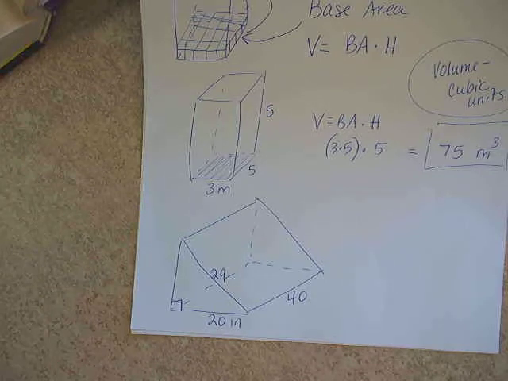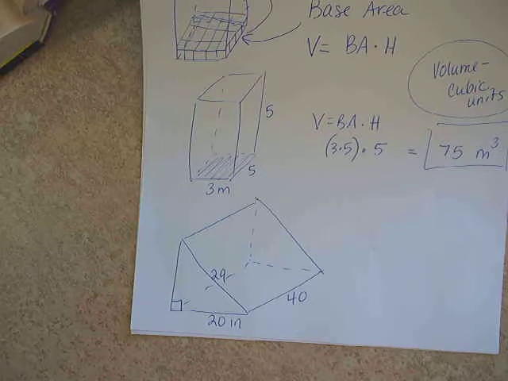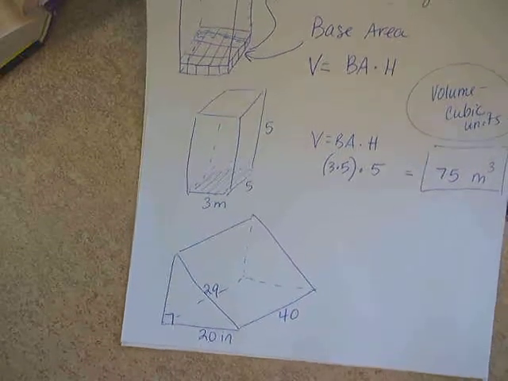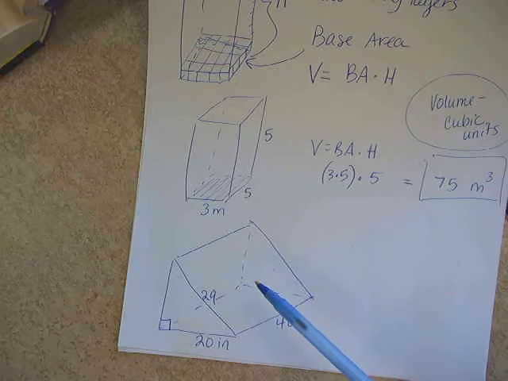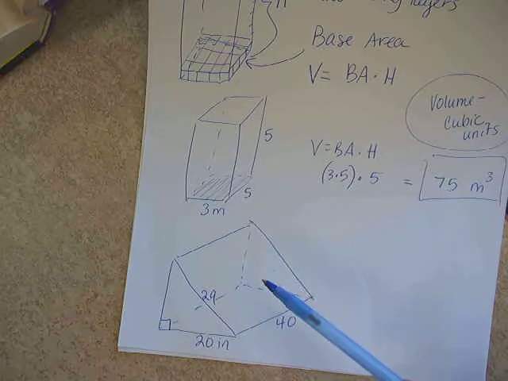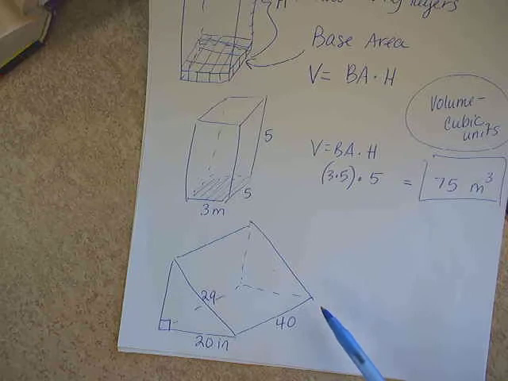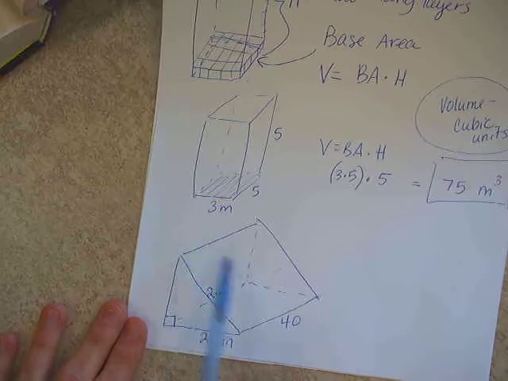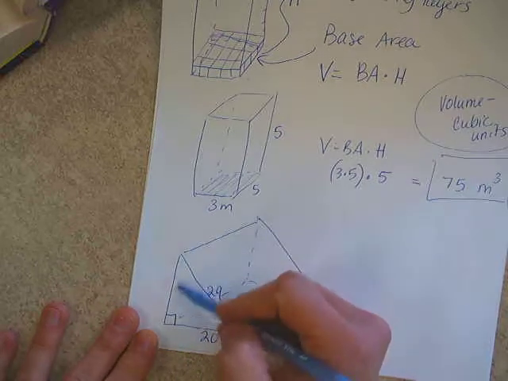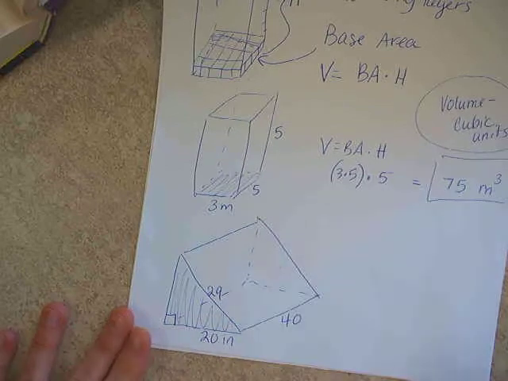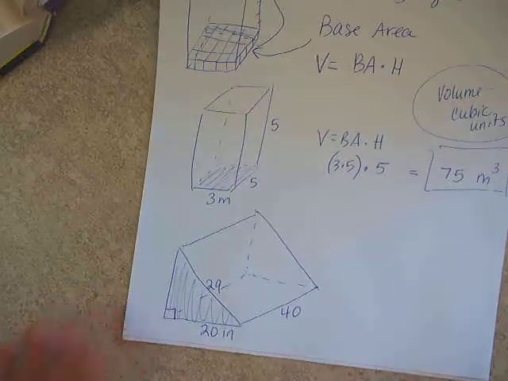It is a prism, but what shape would our base be? How can I tell that this is not sitting on its base? Well, I can see the two triangles, and triangles cannot be lateral faces in a prism because the lateral faces have to be the rectangles, which means your lateral faces are this way, and my bases are the two triangles.